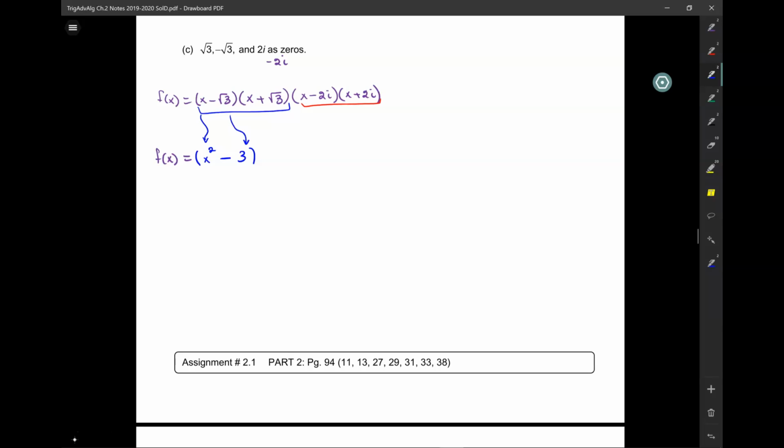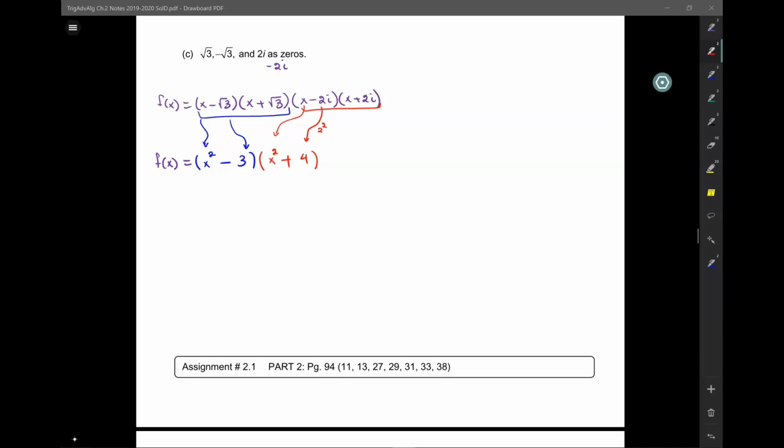Now the next one. You square the first one. You square the coefficient of the second one. 2 squared, 4. Because these came from imaginaries, you put a plus in the middle.